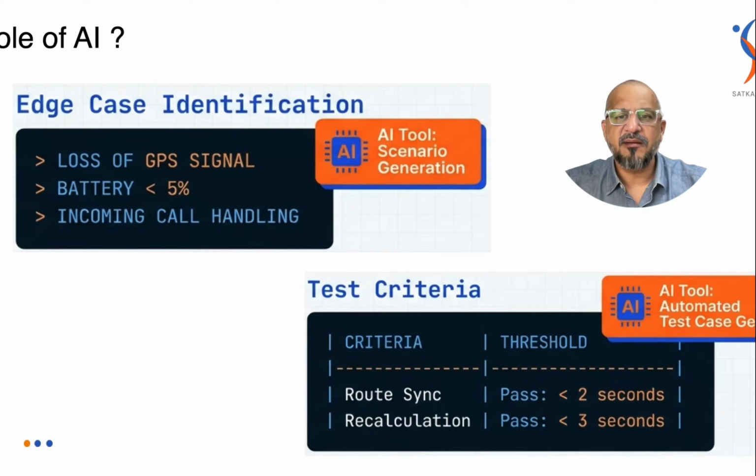The technique is AI scenario generation: use AI to brainstorm the edge cases that otherwise you may have missed, for example, what happens to the map during an incoming call, or what happens when there is loss of GPS signal, those kinds of things, right? You can ask them to AI, and it will give you pretty accurate answers.